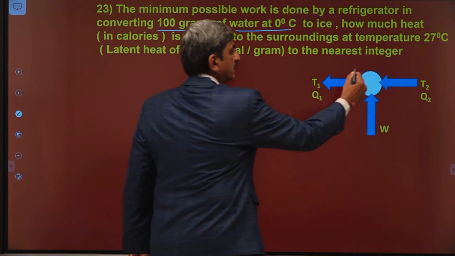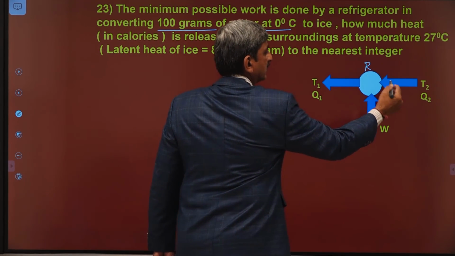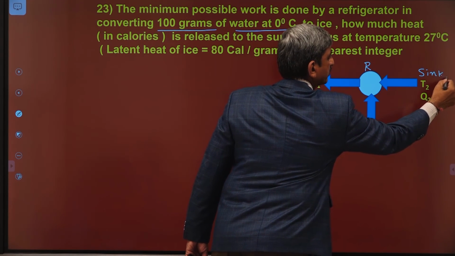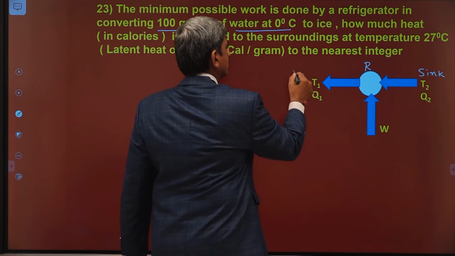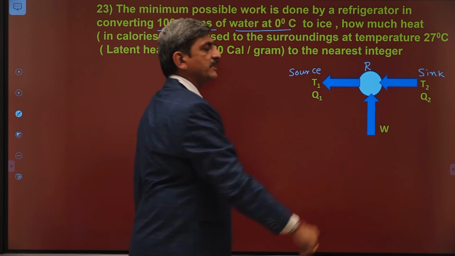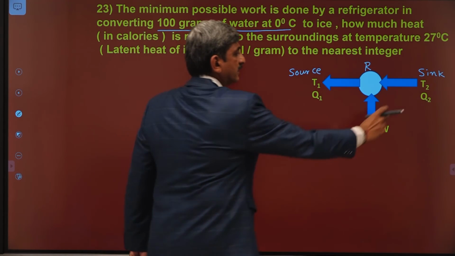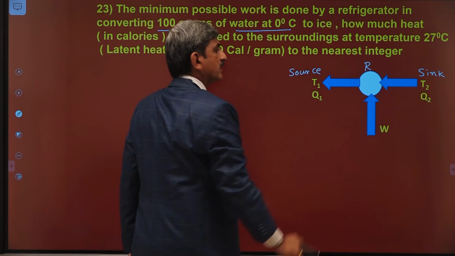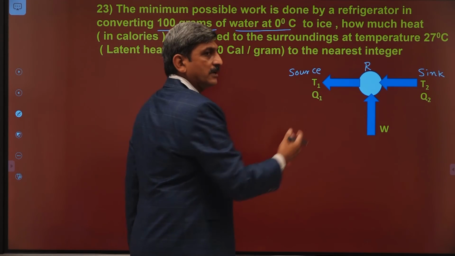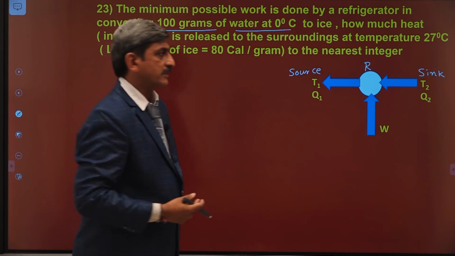This is the refrigerator. This is the sink, which is at a low temperature, and this is the source, which is at a high temperature. Let T2 and T1 be the temperature of the sink and the source. Here you know the working of the refrigerator.